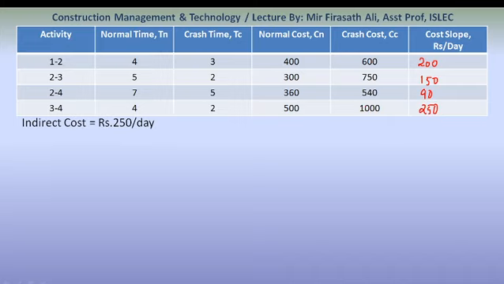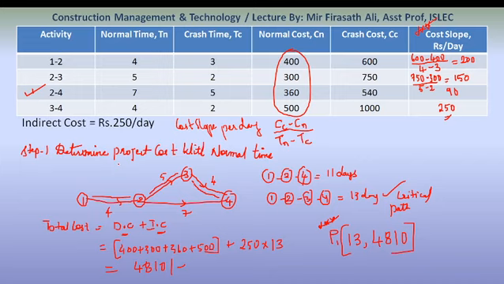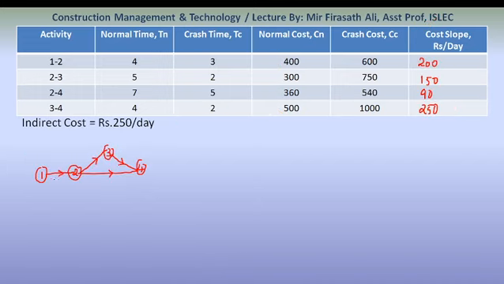Let us draw it: 1 to 2, 2 to 3, 3 to 4 and similarly we have 2 to 4 also. So what was our critical path? We have seen the critical path is 1 to 2, 2 to 3, 3 to 4. Now mark the critical path over here.